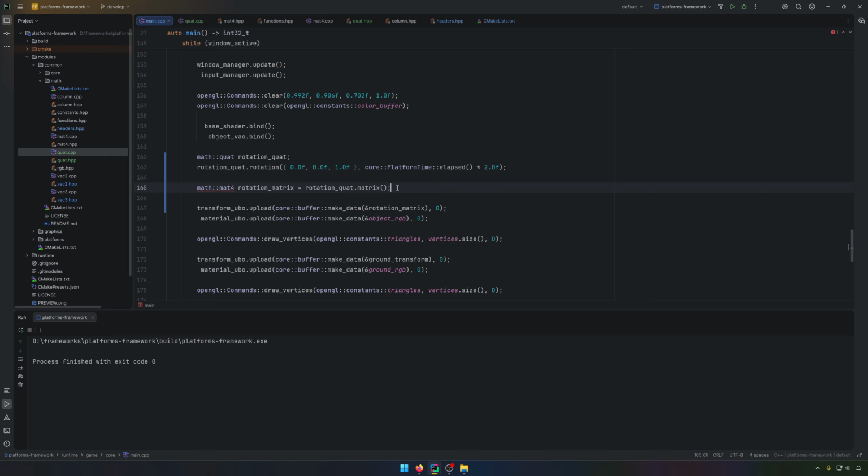We implemented the Quaternions. We finished with the matrix improvements, with the math improvements that we want for this framework. We have the vectors, we have the matrices, we have the Quaternions, we have the column multiplication using the SIMD.